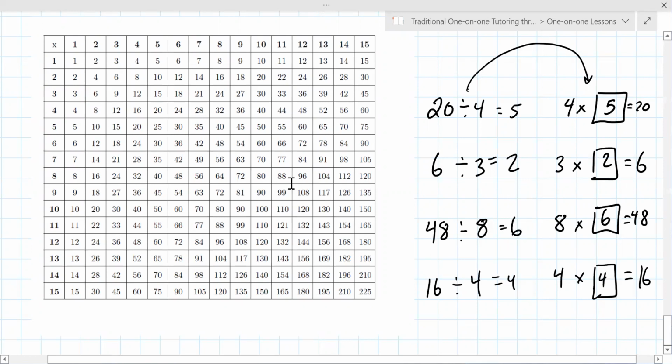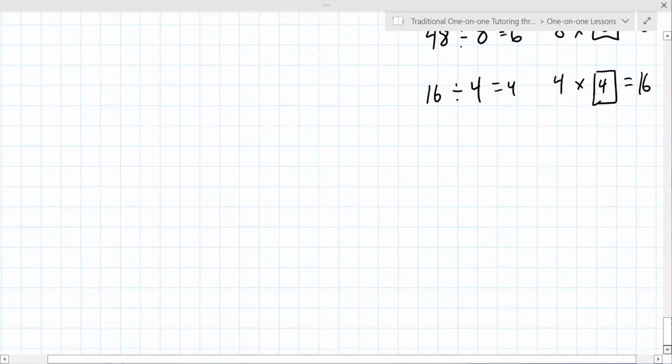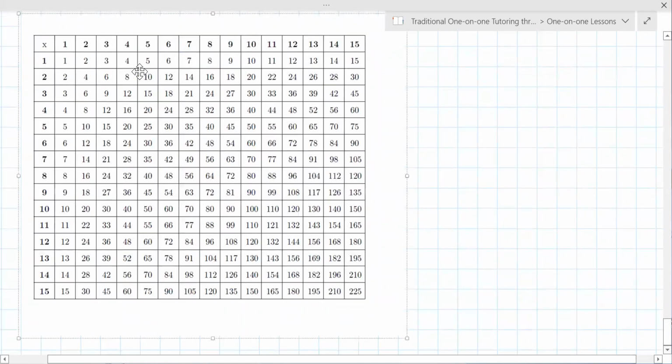Okay, let me bring this table down. We'll do some more problems. I'm glad you brought this up to me because it allows me to help you better by working on problems that you need. So what is 10 divided by 2? 5. Perfect.